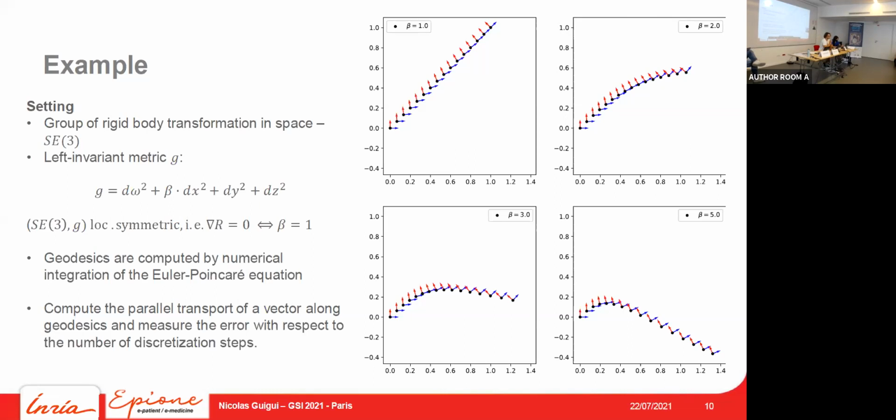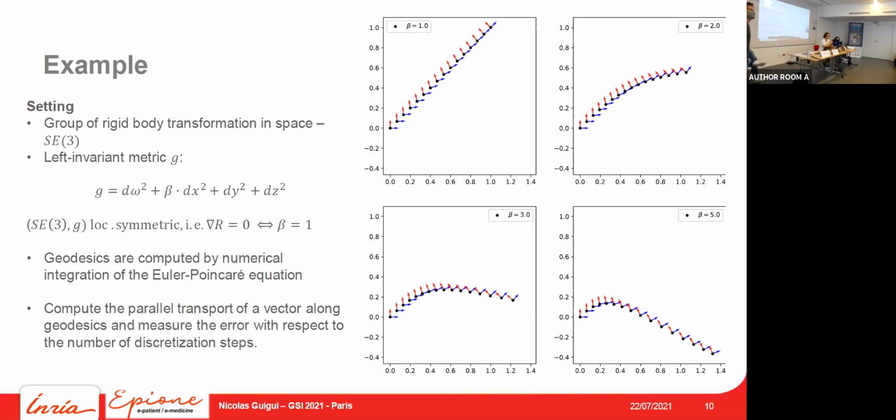So I don't know exactly. And I haven't tried very extreme values for beta. But I guess symplectic integrators could be easily implemented and used instead of the Runge-Kutta one. And it would be indeed interesting to compare them. Okay, thank you.